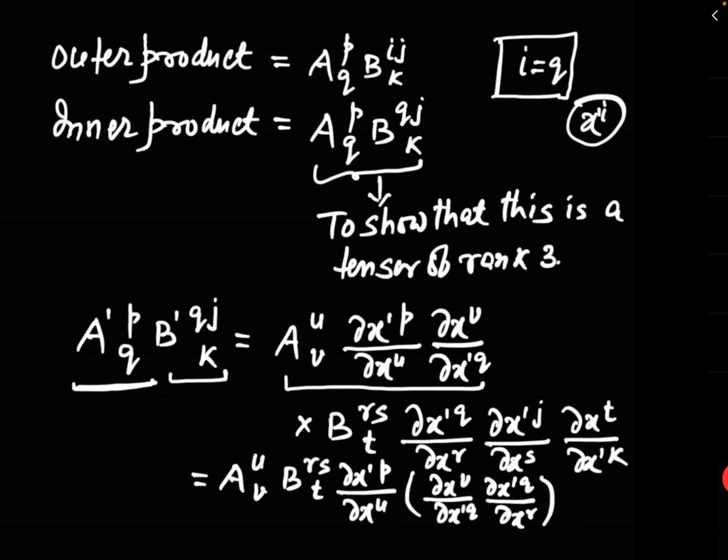Let us associate these two terms, and after that there will be del x prime J by del XS times del x T by del x prime K.